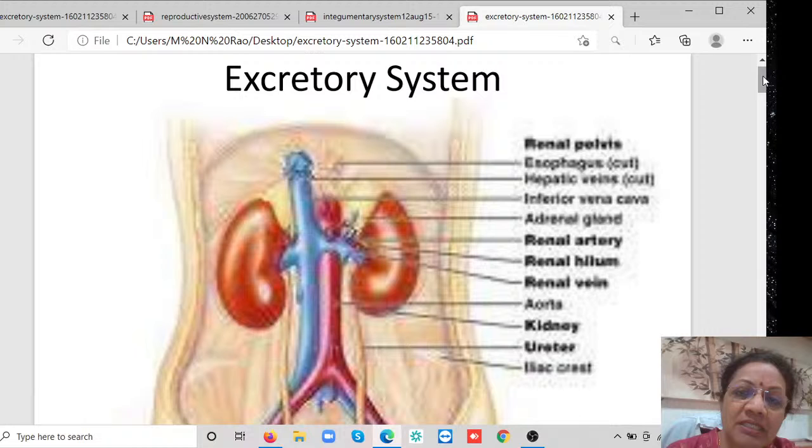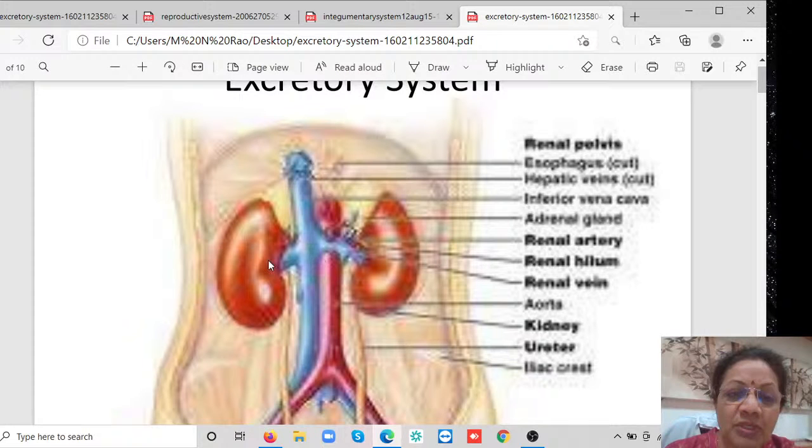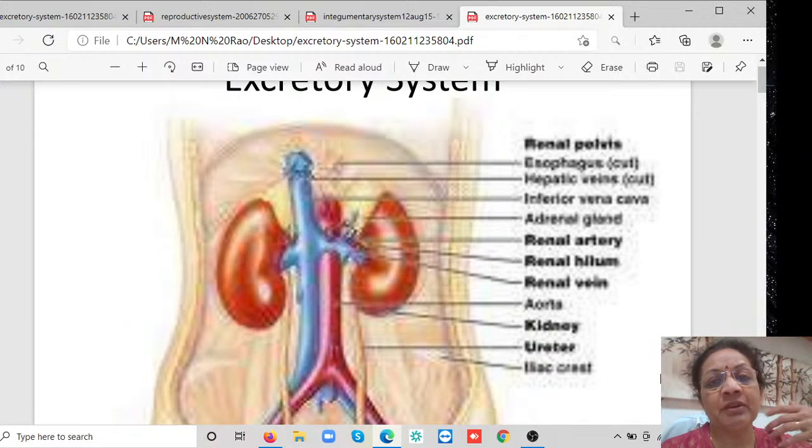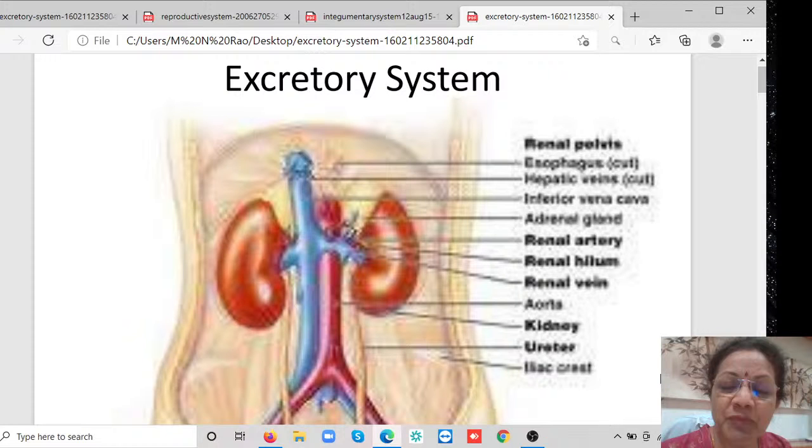So we know that our excretory system already consists of 2 kidneys, a pair of organs which are occupying the retroperitoneal space in your abdominal cavity, and they are being nourished by branches from the aorta called renal arteries, and their carbon dioxide and excreted metabolism output is being returned to the heart via the renal veins. So the blue ones are the renal veins, and behind them will be the renal arteries, and behind that will be 2 tubes which start from their concave medial surfaces, which is called the renal hilum, and they go inferiorly and medially.